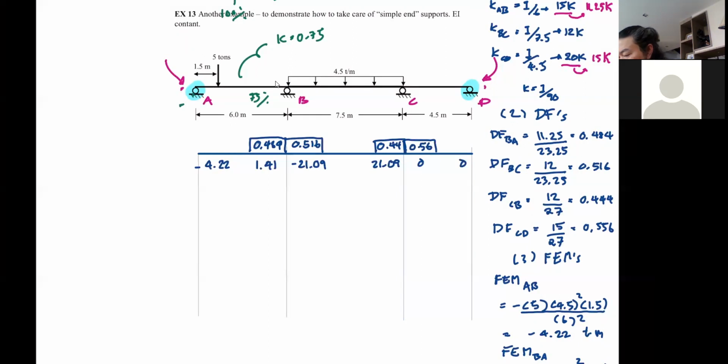Okay. Of course, we still have the distribution factor here equal to 0. Remember that we have modified our stiffness. Of course, the fixed moment is still there because we have the external load. But what we can do is balance this right away. Let me use a different color.